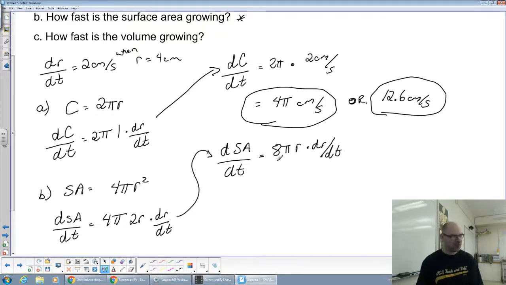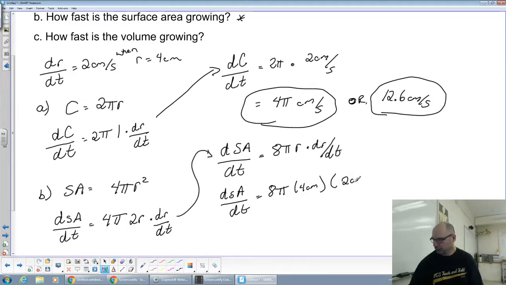Okay, so now we just plug in our variables. We know what this is and we know what r is. So dSA, and we keep our units, over dt. It's going to be 8 pi. Remember, pi is just a number. R, well, we want it at 4 centimeters. dr dt, 2 centimeters a second. So we're going to get a unit that's, we multiply that together, we're going to get 2 centimeters on top and 1 second on the bottom.